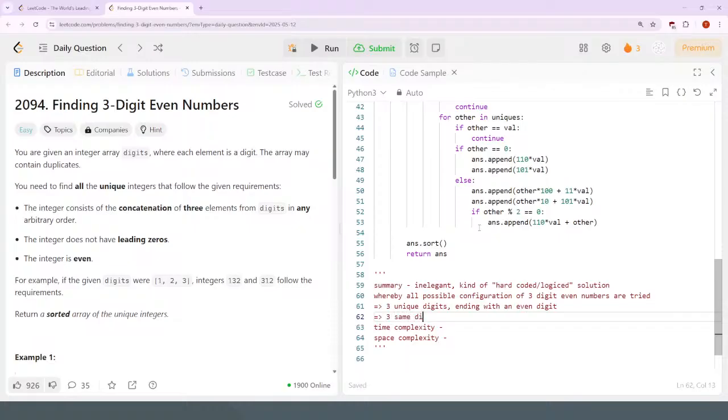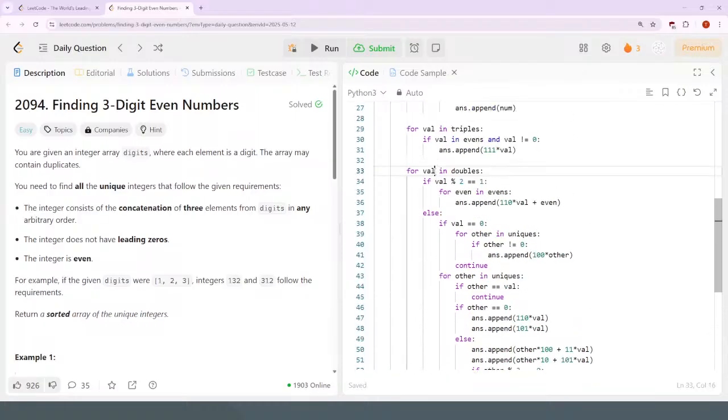3 same digits, where it has to be a non-zero even number, and one or two same digits and one other digit, and that obviously has a lot of possibility. And that's this last thing here.